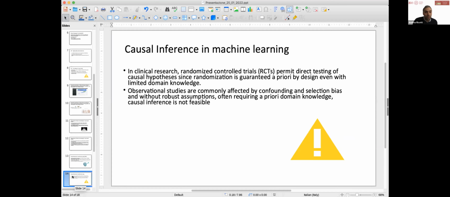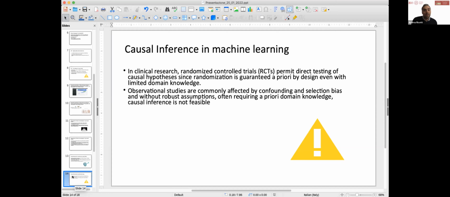From a clinical point of view, we have the randomized clinical trial that permits testing the causal hypothesis since randomization, and we don't need domain knowledge. But we all know that clinical trials are a small part of the data that we have.